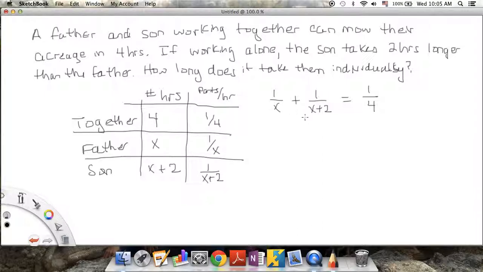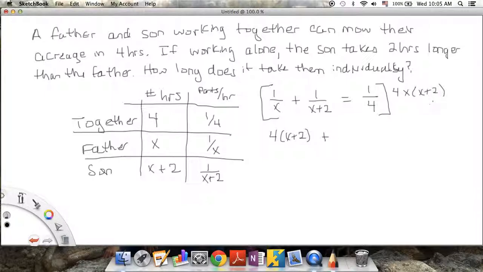So now we need our common denominator. We've got an x here, an x plus 2 here, and a 4 here. So really, we're just going to have to use all of them, because nothing breaks down to give us a factor that we don't need. So we have 4x times (x+2). Multiply the whole thing through by that. When we multiply this, the x's cancel, and we're left with 4 times (x+2).